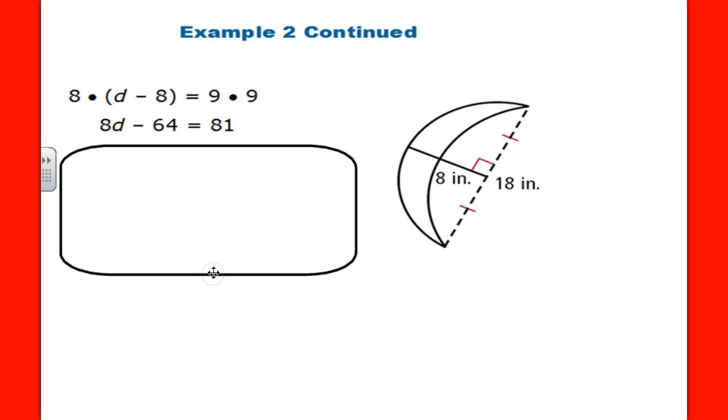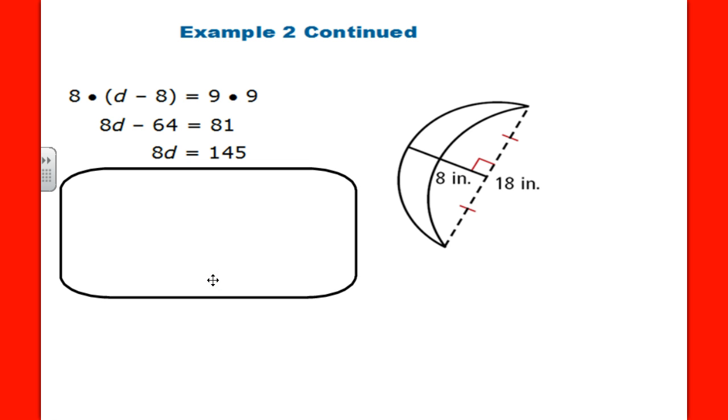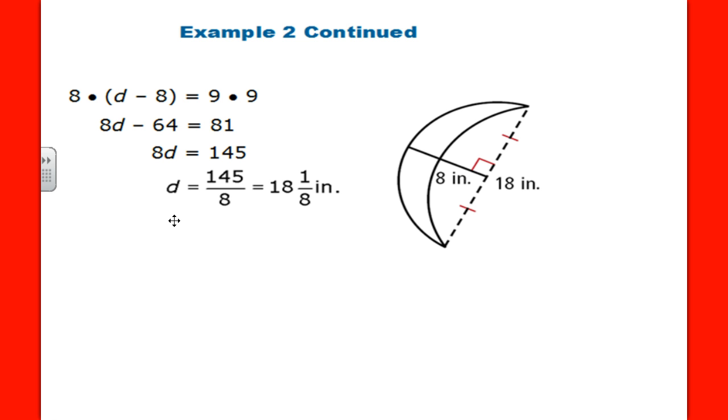And so we have 8D minus 64 equals 81, or 8D equals 145 when we add 64 to both sides, and D equals 18 and 1/8 of an inch.